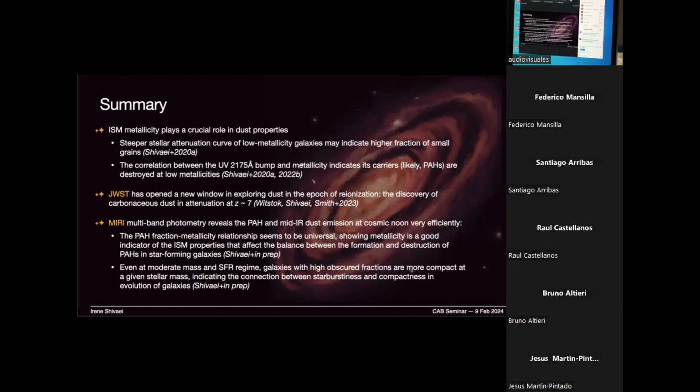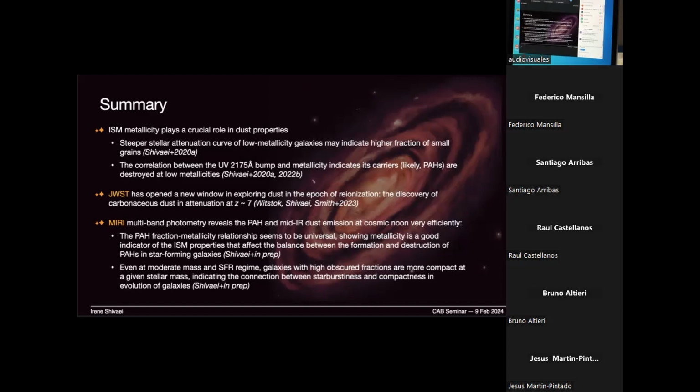Back at the back there. Hi, Irene. Really nice talk. I think maybe I missed that, but I really like your distribution of obscuration as a function of mass of the galaxy.